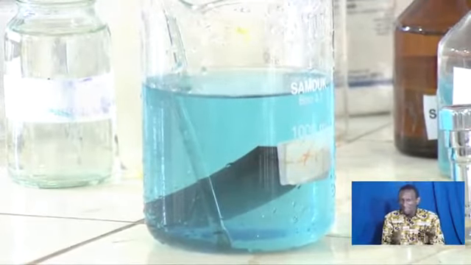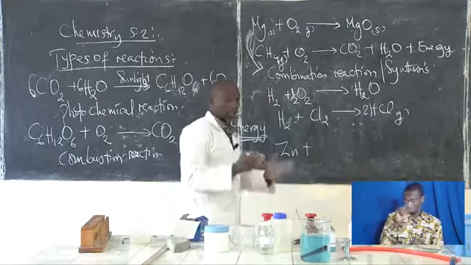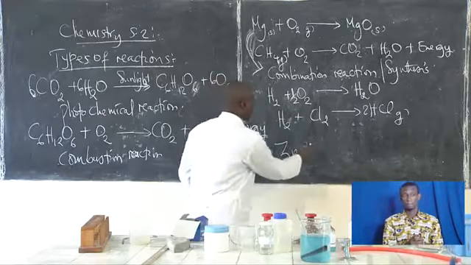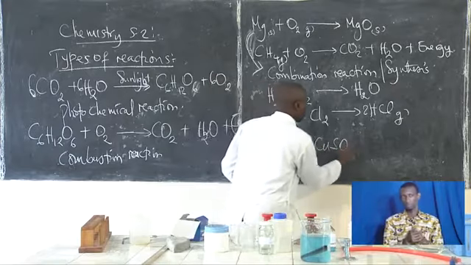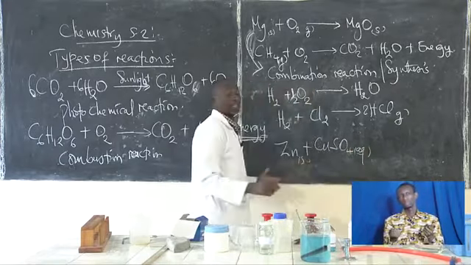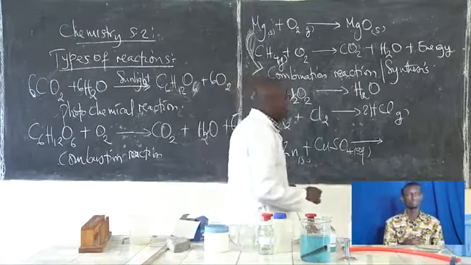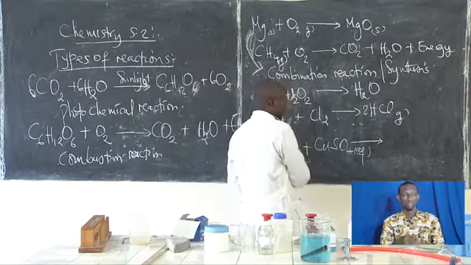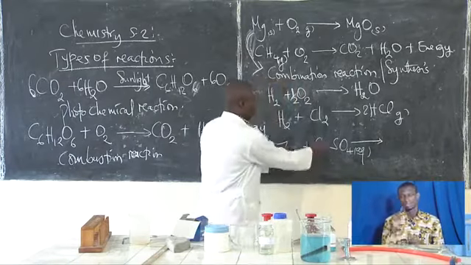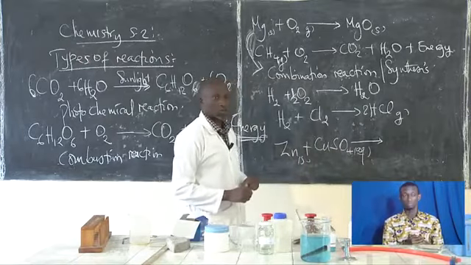Well, we have zinc, which is combining with copper sulfate. These are the substances of this reaction. This is a solution, and this was the metal. What is happening here is that after some time, we just have to leave it there. The zinc metal displaces the copper from its solution.